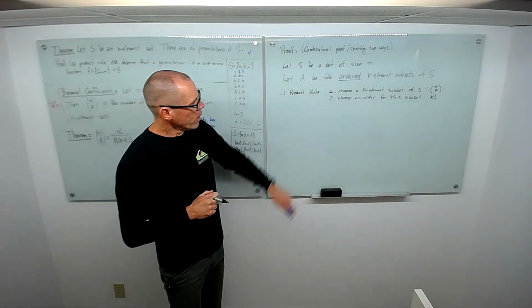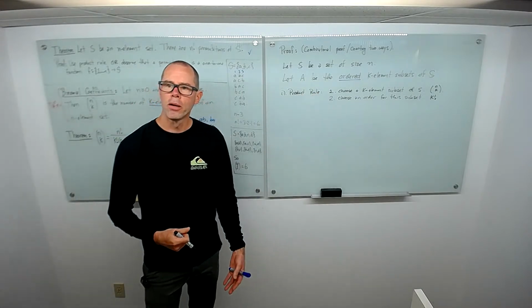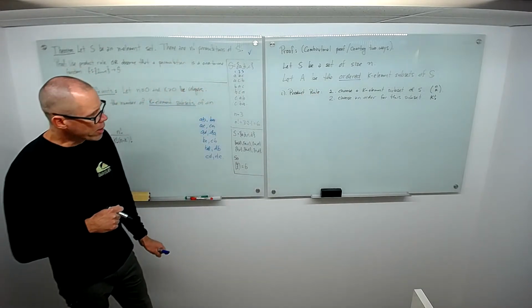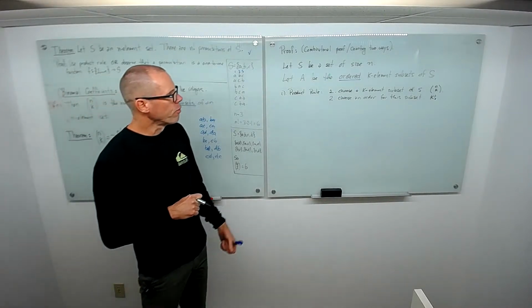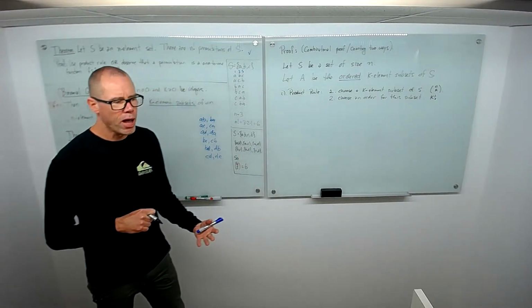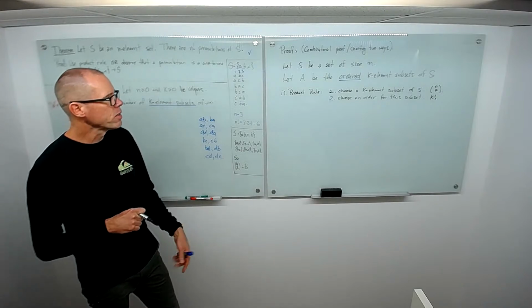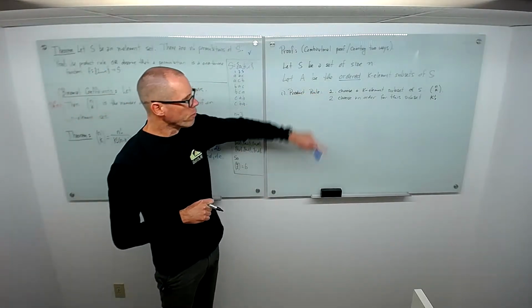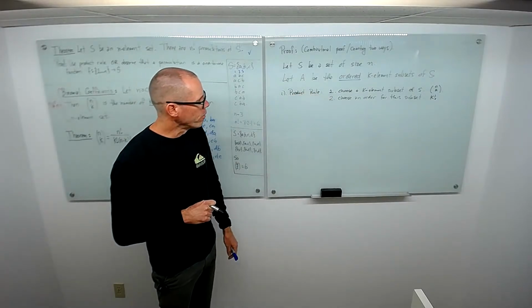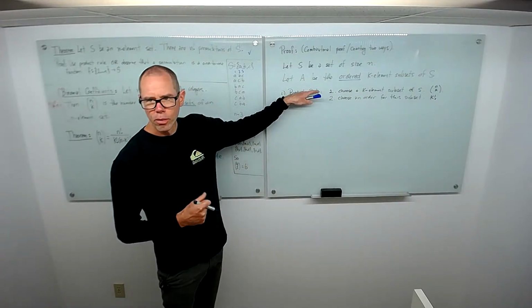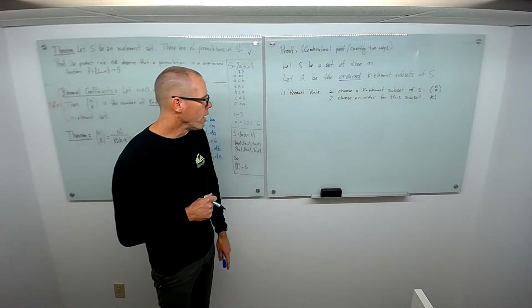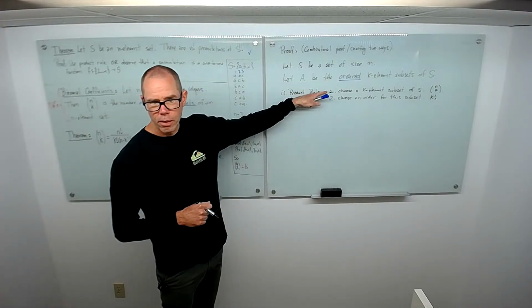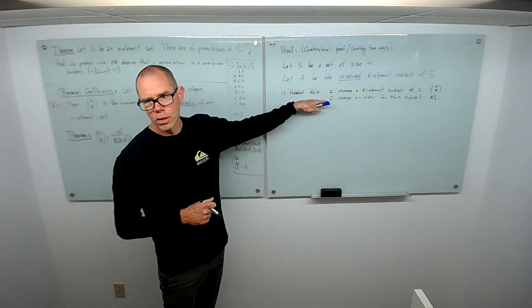And once I follow this procedure, then I will have generated an ordered K-element subset of S. And it's easy to check that for any ordered K-element subset of S, there's a way to generate it this way. And if I execute this 2 different ways, if I change either of these steps, then I'll get a different ordered subset, either because I get a different subset, the elements are not the same, or because the order is different.